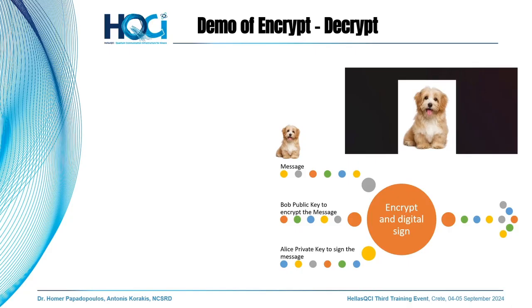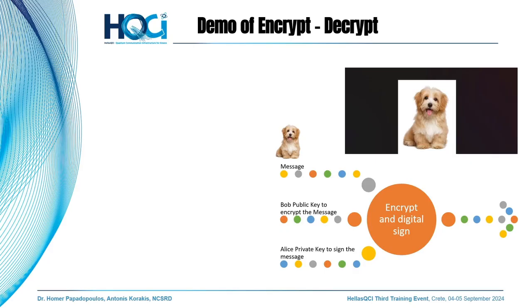Alice has to encrypt the message. How to do it? She gets the public key of Bob and encrypts the message, encrypts the picture. And then she wants to sign. How to do it? She gets her private key and signs through the system we saw with the hashing digest. Don't worry, you are not going to do it by hand.